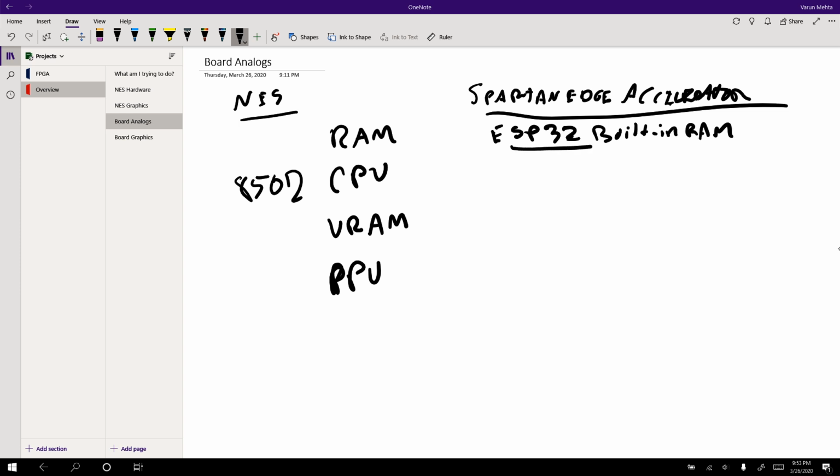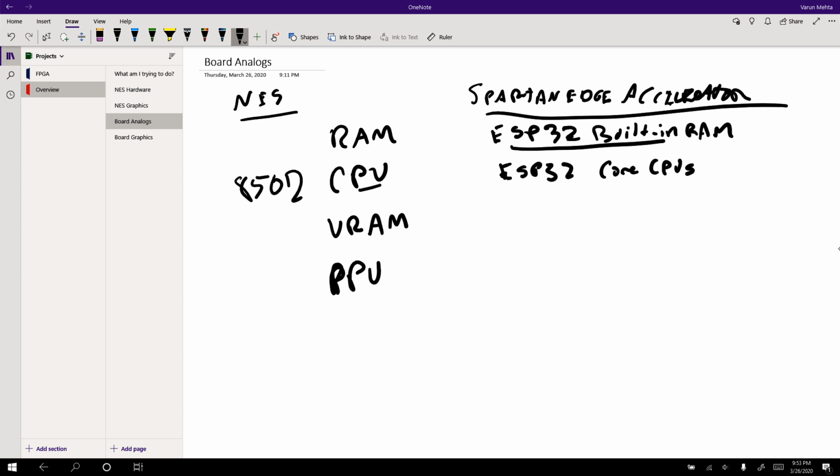This is something the ESP32 can access pretty quickly. There's an awful lot of it on the system, plenty for our purposes. So the CPU, remember, the thing that's running the code is going to be the ESP32's cores itself. And these are pretty powerful, actually way more powerful than an NES is.